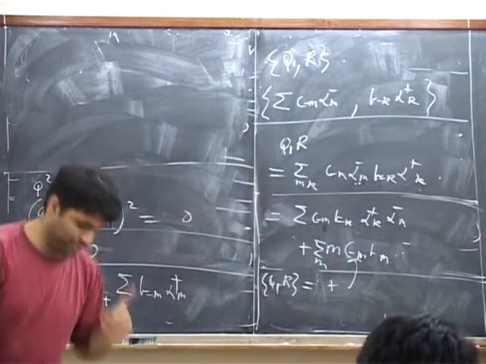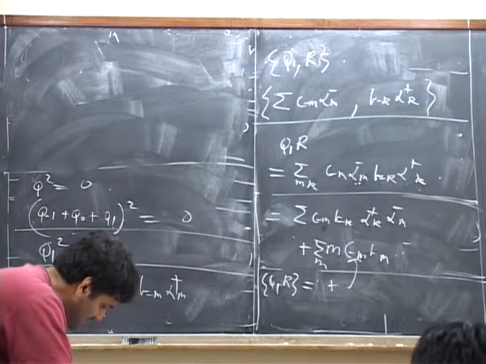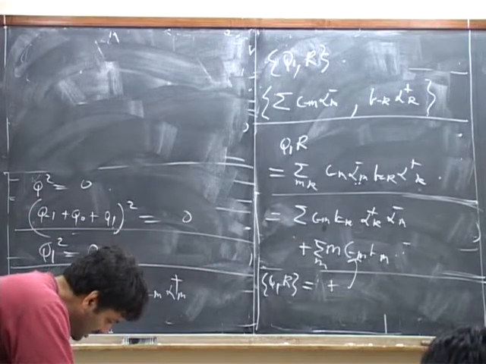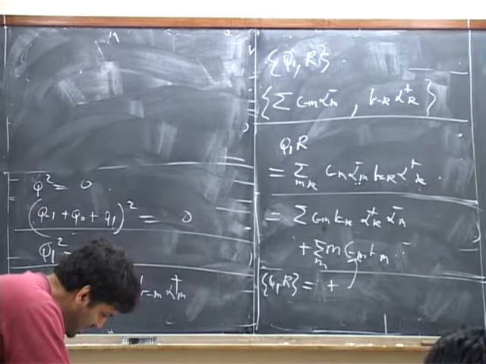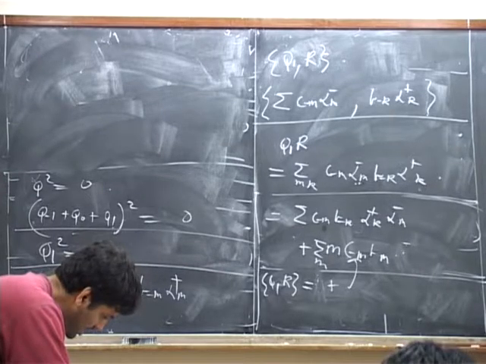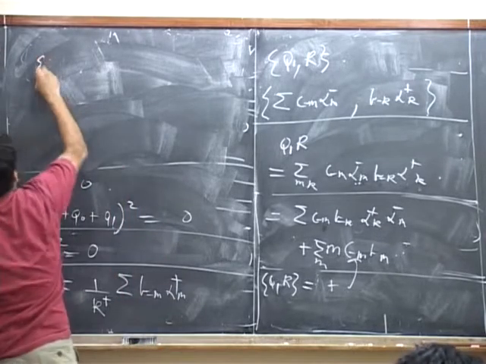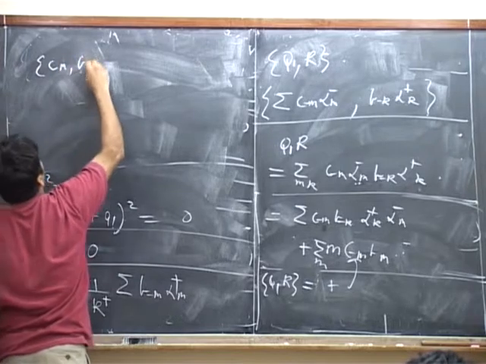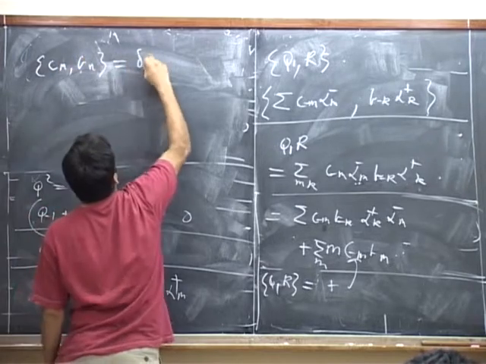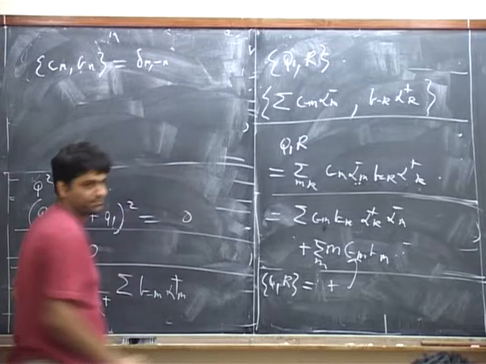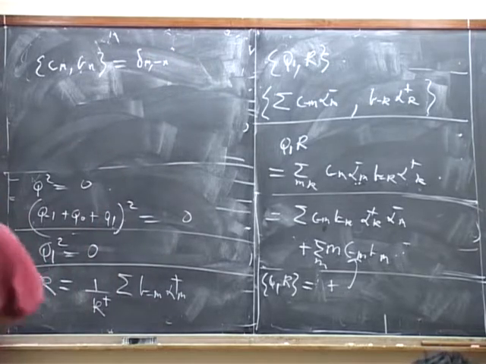What are the factors of n? Sorry, I think that CM BN was simply delta of M minus N. It was just that.